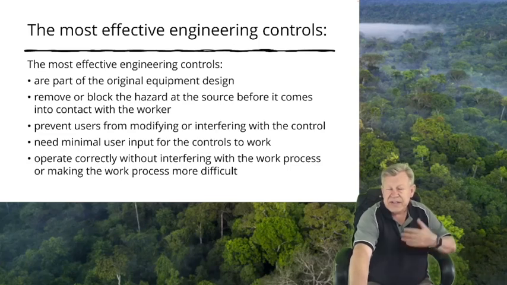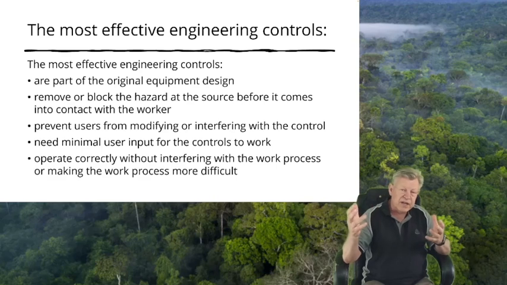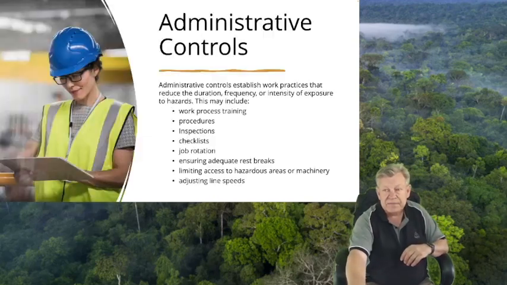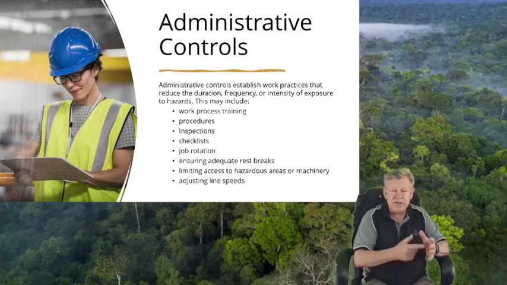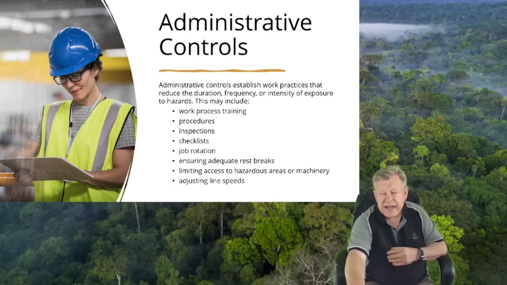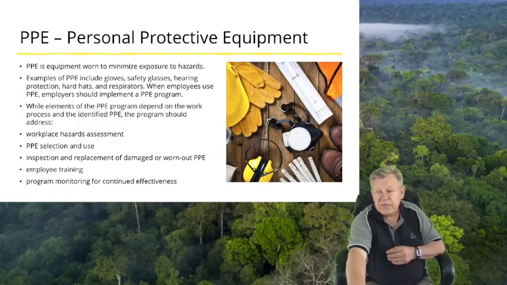And engineering controls, of all of these items apart from elimination, are probably the most effective ones. Then administration, which I've spoken about: work process training, procedures, inspections, checklists, job rotation, rest breaks, limiting access, managing speed, and so on.